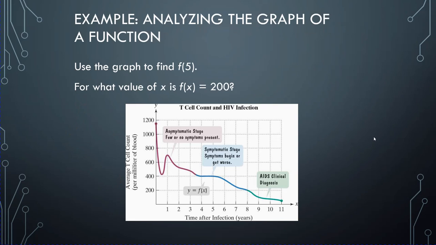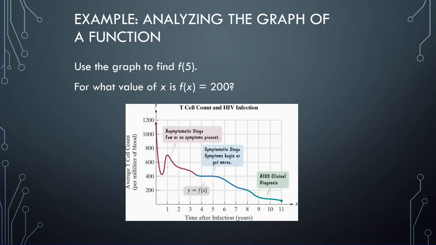So I've got this graph here, and what you see is it's showing T cell counts and HIV infection rates. This graph shows the average T cell counts, unfortunately for people who are in different stages of infection.